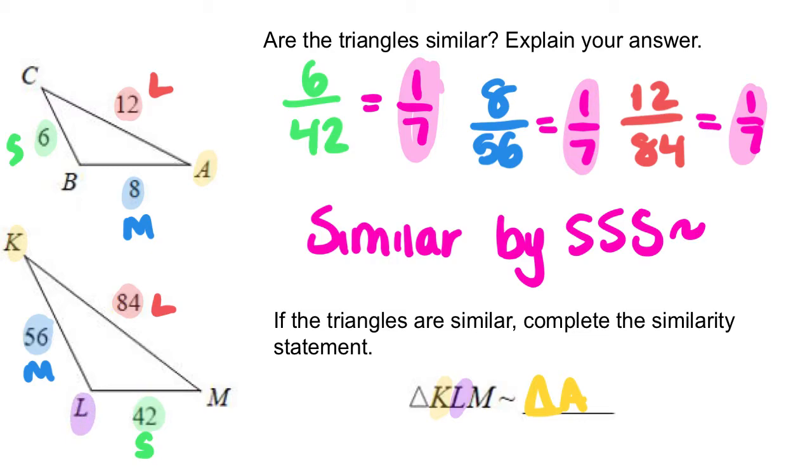So the angle between the medium and the small side in the top triangle is B. So I'll have B, and then my last remaining vertex, which we're going to fill in, is M, which is between the small and the large. So between the small and the large in the top one is C. So it'll be triangle ABC.